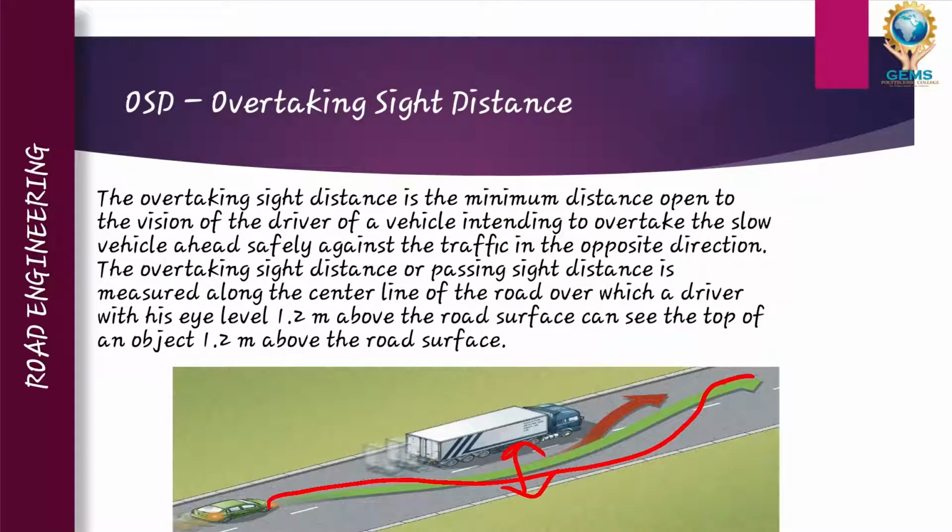The overtaking sight distance, or passing sight distance, is measured along the center line of the road over which a driver with his eye level 1.2 meters above the road surface can see the top of an object 1.2 meters above the road surface. This is known as overtaking sight distance. In simple words, if this vehicle moves safely or overtakes this vehicle safely, that is known as overtaking sight distance.